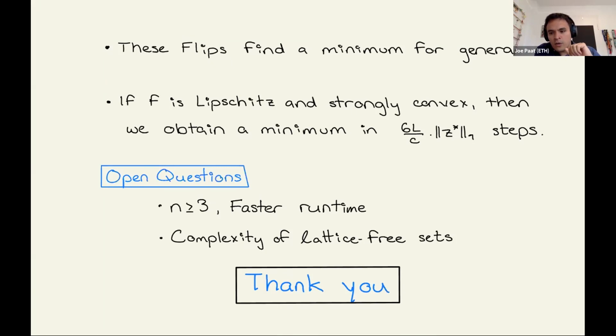One thing is that I mentioned that you can extend this to mixed integer problems. And this is ongoing work that we briefly introduce in the full version. But what you can do, with the assumption of strong convexity, is use approximate gradient information. So you don't actually need the true gradient. You can use some approximation of it. And this is still enough to guarantee that eventually your set becomes lattice-free.